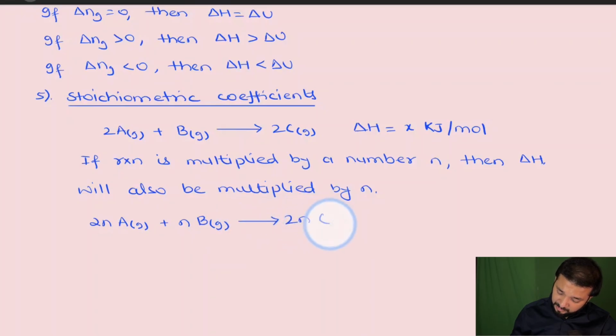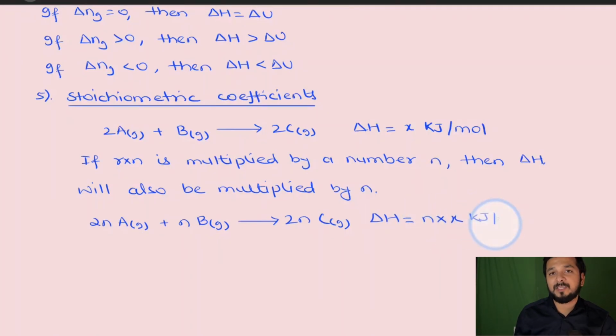So delta H for this reaction will be N times X kilojoule per mole. So if a reaction is multiplied by any number, delta H will also be multiplied.